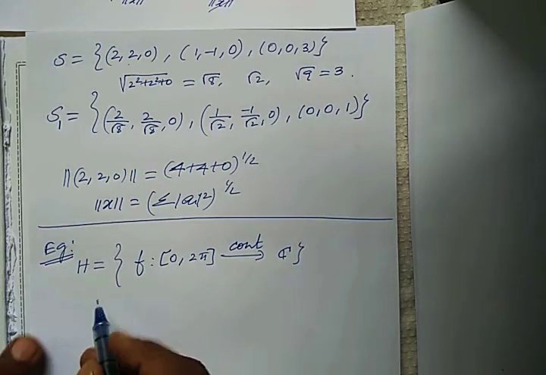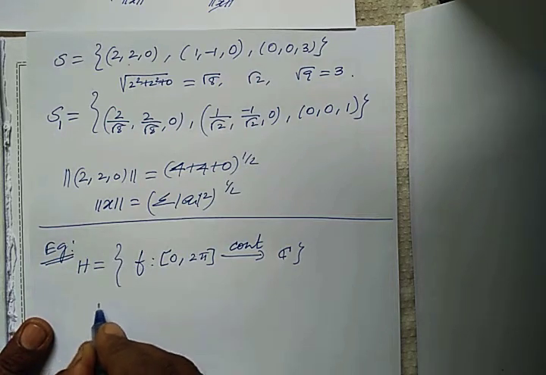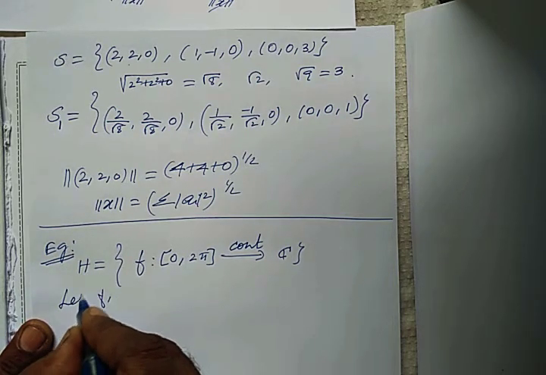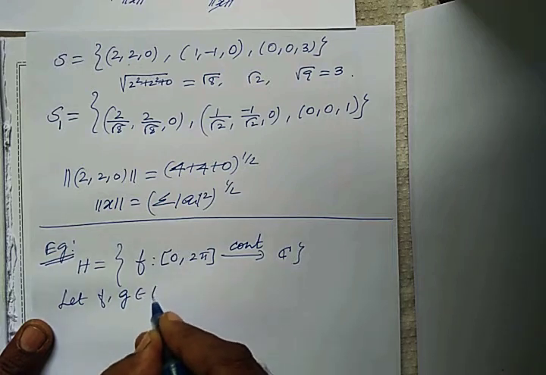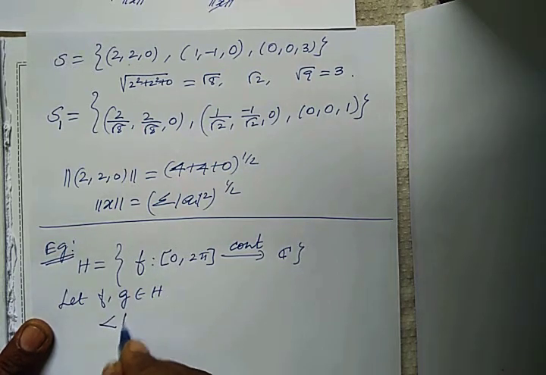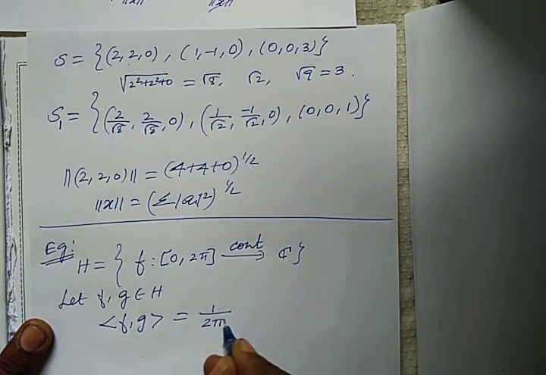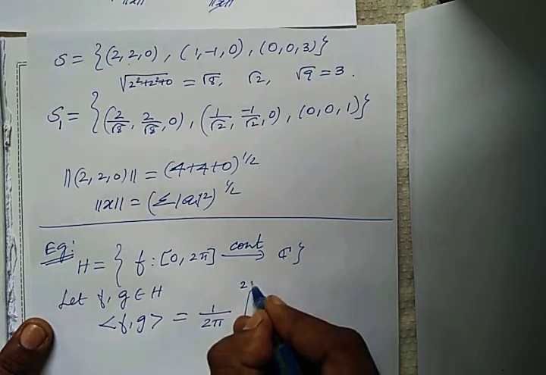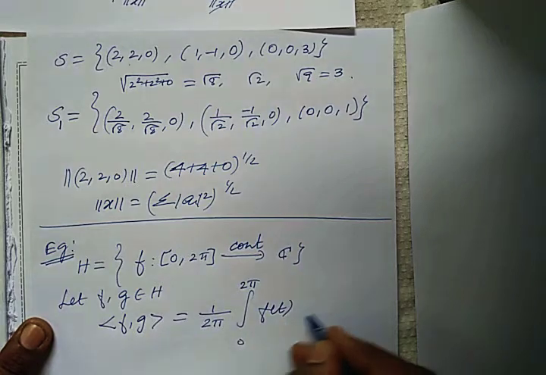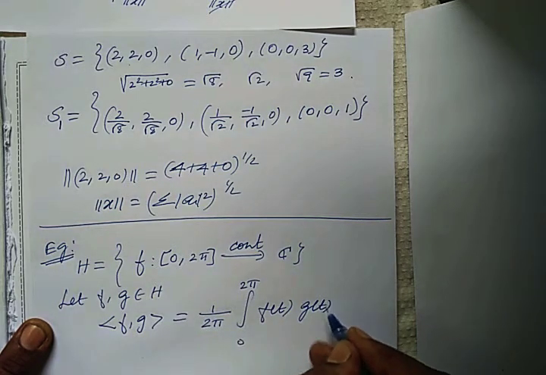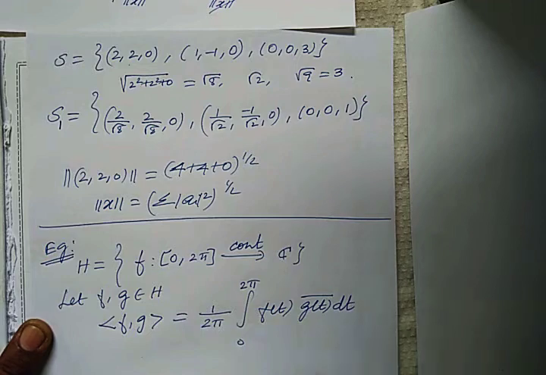Now define an inner product here. Let f and g belong to H. Define an inner product between f and g as 1 by 2 pi integral from 0 to 2 pi of f of t into g of t whole bar dt.